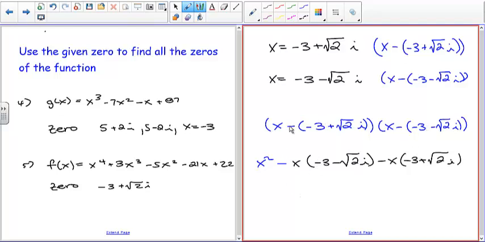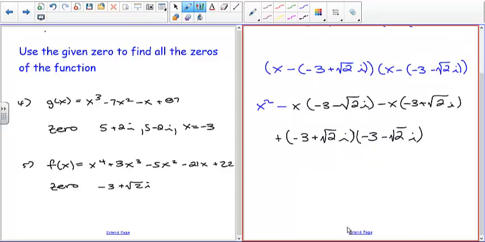So you get negative times a negative, so it'll give you positive. And then you have negative 3 plus the square root of 2i. That's this term. And you multiply by that term, which is negative 3 minus the square root of 2i.